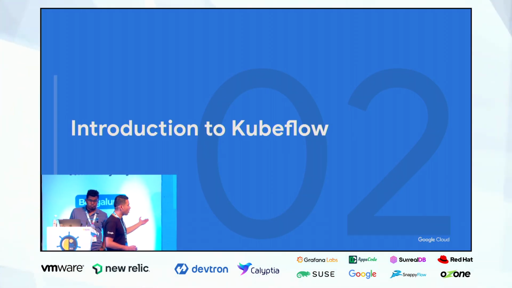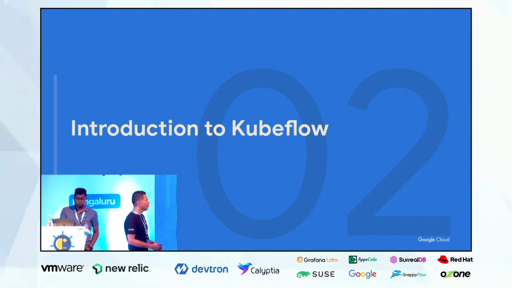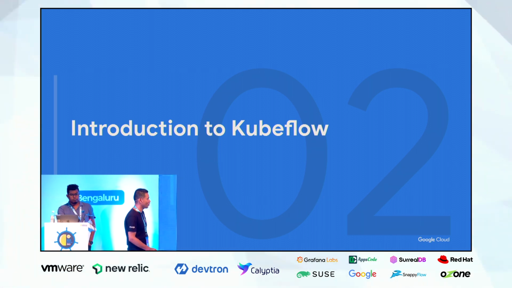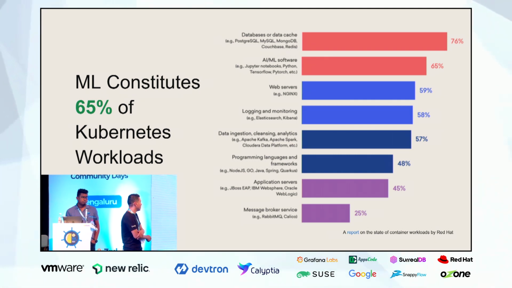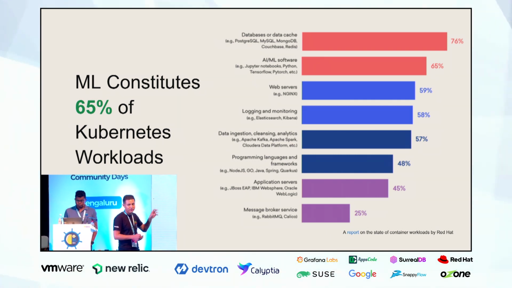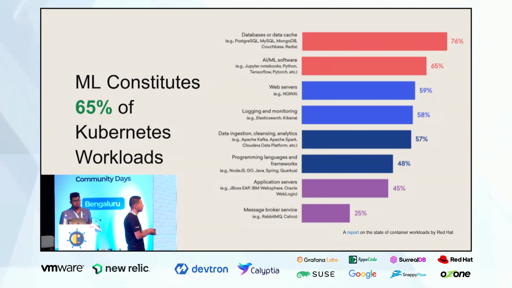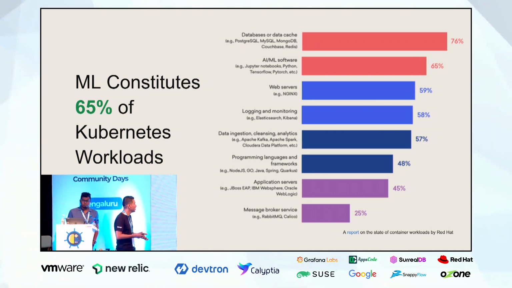So now comes the point of Kubeflow, which is what we are here to talk about. This is from a report. So 65% of Kubernetes workloads are part of ML, as you can see.